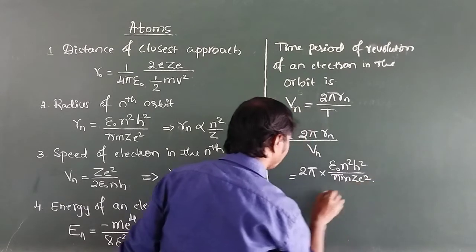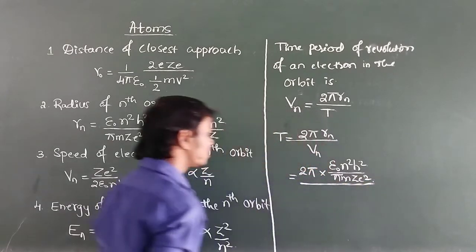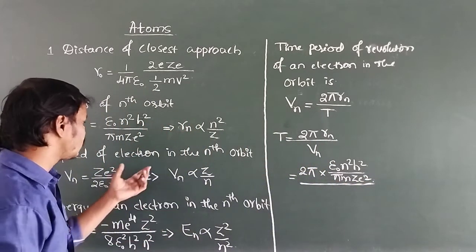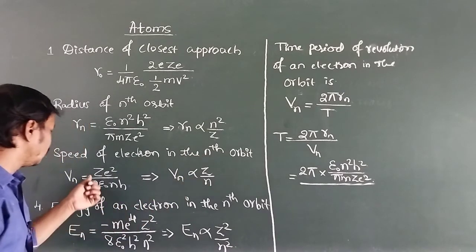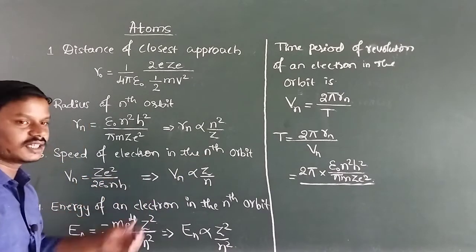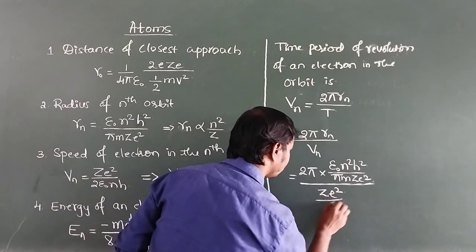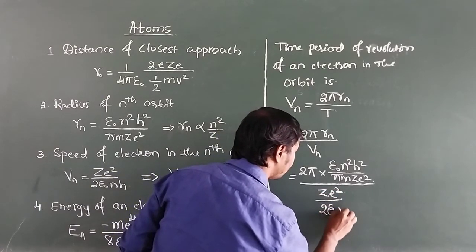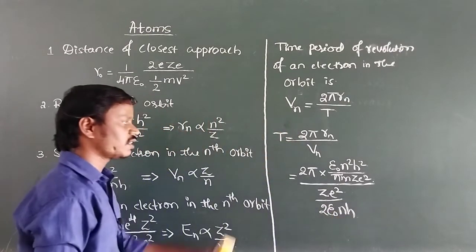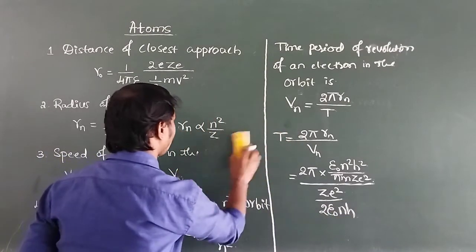So T is equal to 2 pi into epsilon naught n square h square divided by pi m z square, then whole divided by the expression for Vn, the velocity of the electron in the nth orbit, that is z square divided by 2 epsilon naught n into h. Now let us modify this formula.